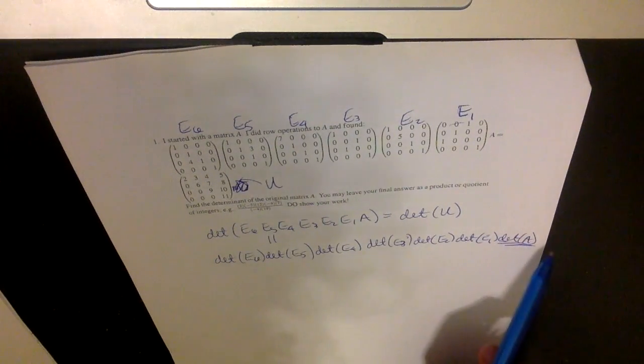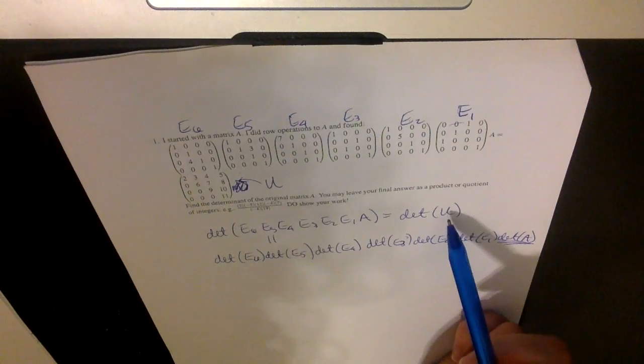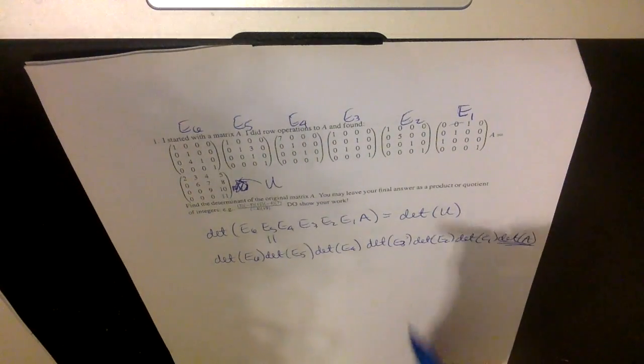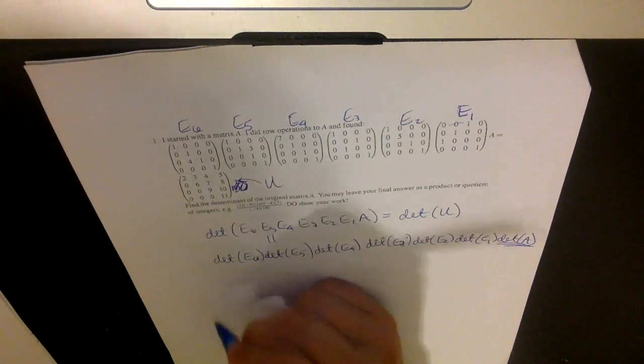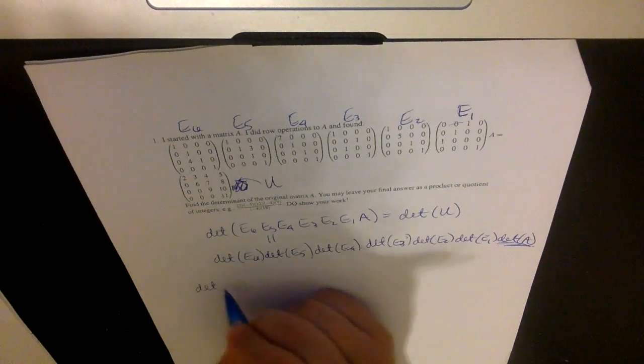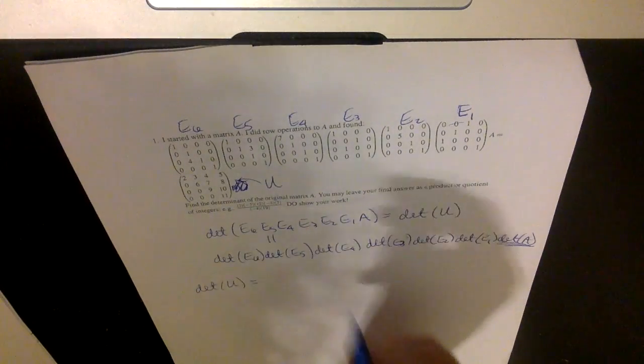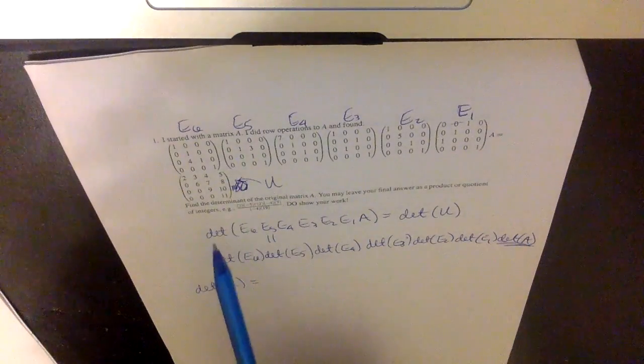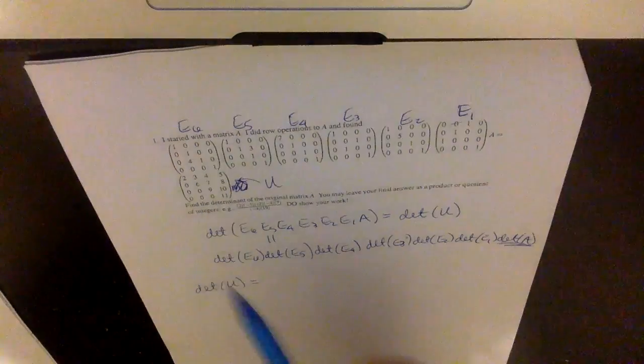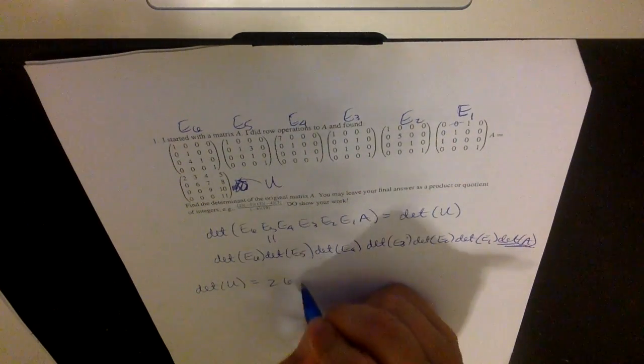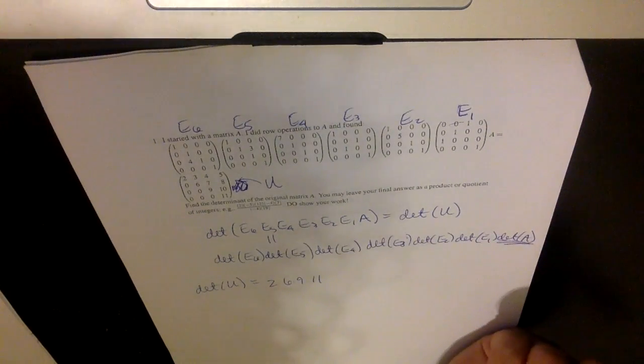So the product of all these determinants is equal to the determinant of U. Now, since U is an upper triangular matrix, its determinant is just the product of the entries on the diagonal. So this is 2 times 6 times 9 times 11.